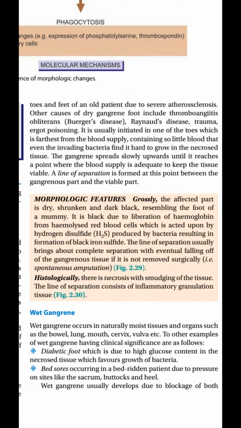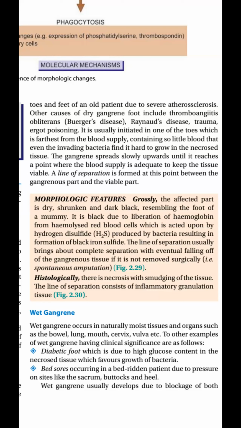The morphological features are for you to understand. You don't have to mention them in the exam or write them down, but for your knowledge, you should know what the morphological features of gangrene are. The affected part is dry, shrunken, and black, resembling the foot of a mummy. It is black due to liberation of hemoglobin from the hemolyzed red blood cells.